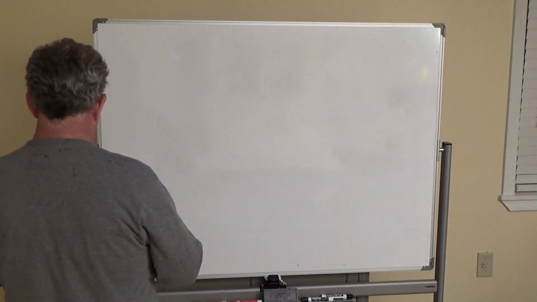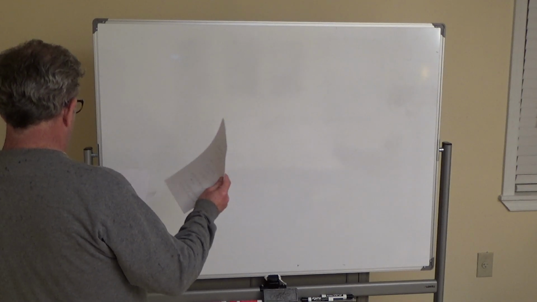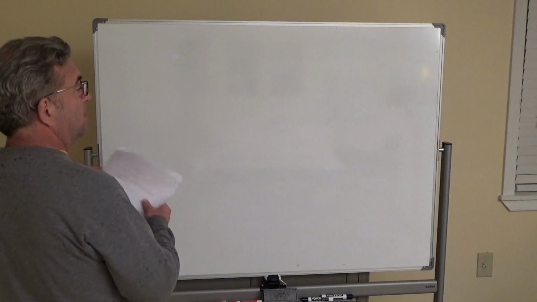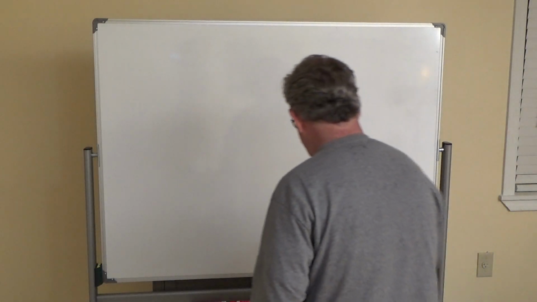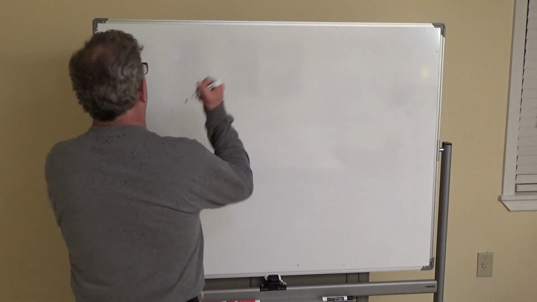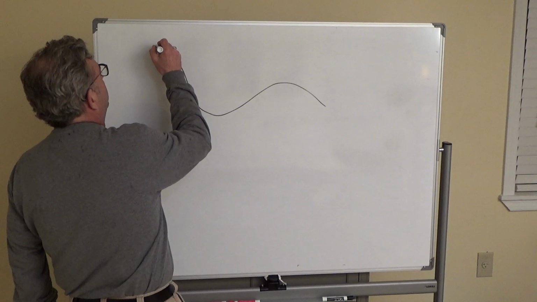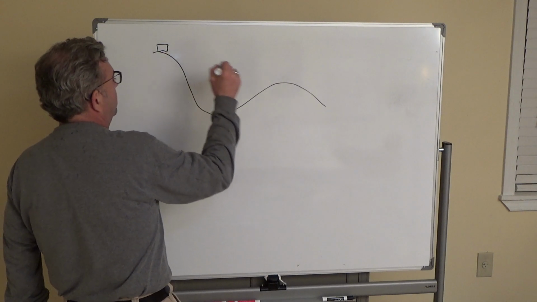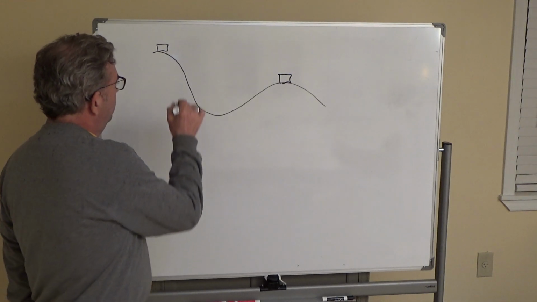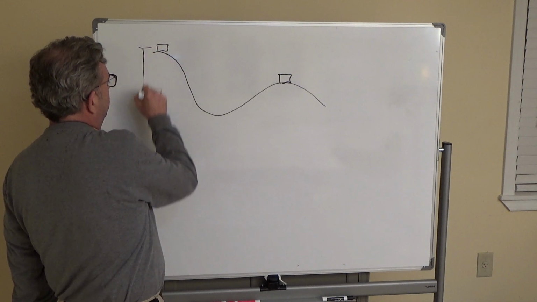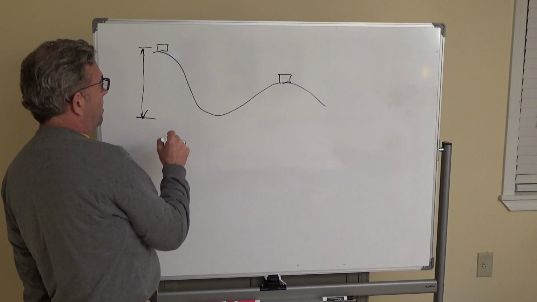So the idea with the roller coaster problem is you're looking at those differences in height, and let's say you go from this point, here's the roller coaster, you start at this point and you end up at this point. Then you've got a difference in height. Here's a pretty crooked line.